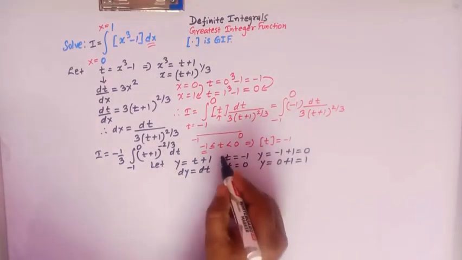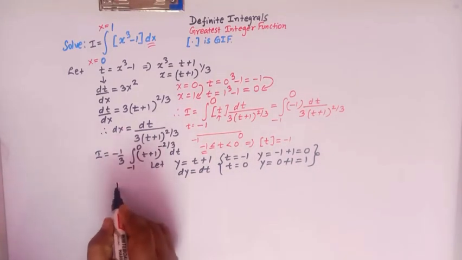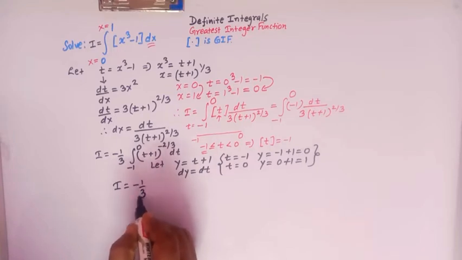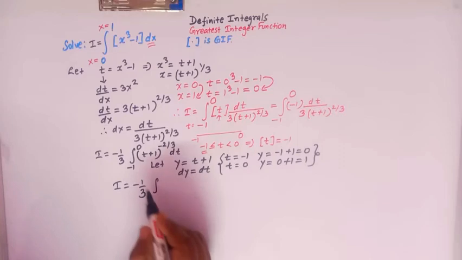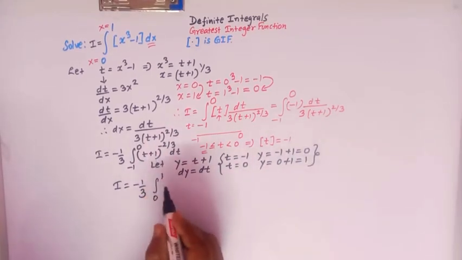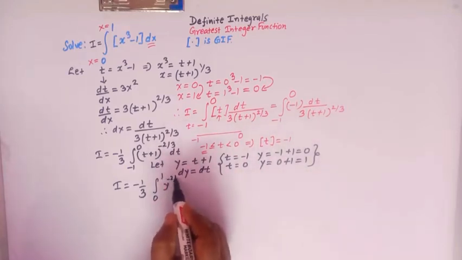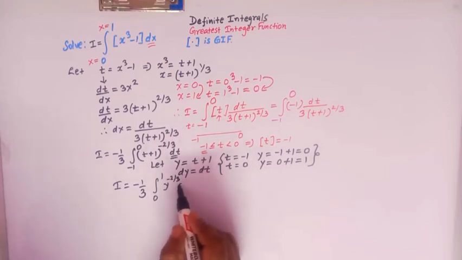So we have changed the limits accordingly. Therefore this integral I becomes minus 1 over 3 times the integral from 0 to 1 of y raised to minus 2 over 3 dy.